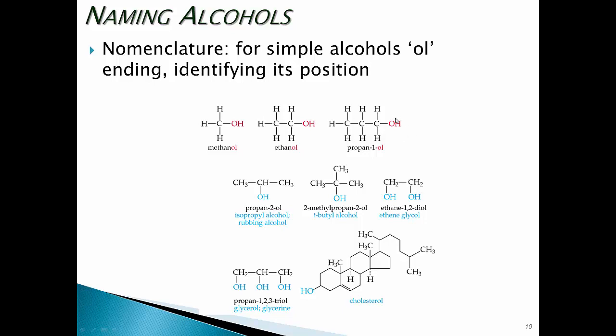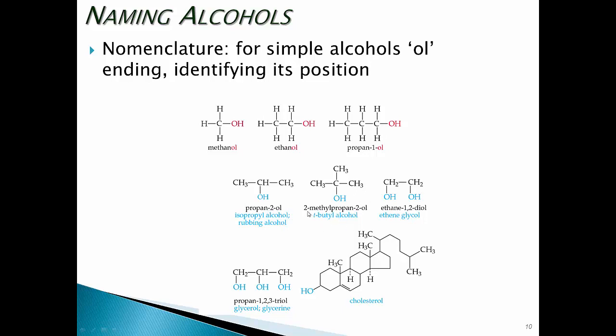If you have it off the end carbon, you don't necessarily need to write the 1 in there, but they have done so for clarity in this textbook. With the second one, you definitely need to say that it's coming from the second carbon. So there's propan-1-ol and propan-2-ol.